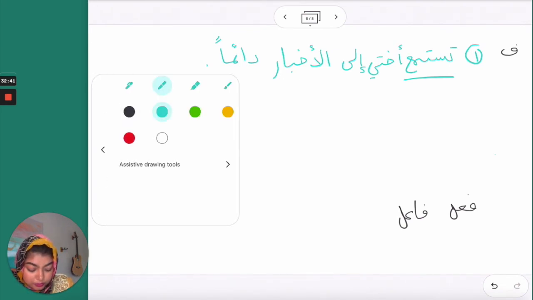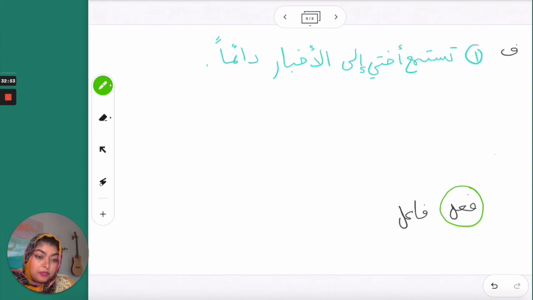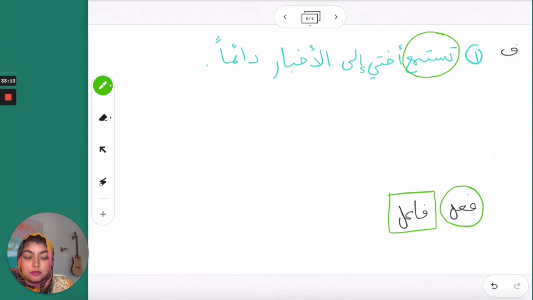So if you have a sentence that has جملة فعلية, I want you to put a circle around the فعل and a square around the فاعل. Okay. So where would your circle go in this sentence? Which one is the verb? Good. So here's your verb. Who's doing it? من يستمع إلى الأخبار؟ أختي هي فاعل. So here's your فاعل.